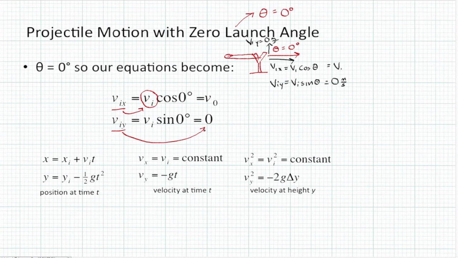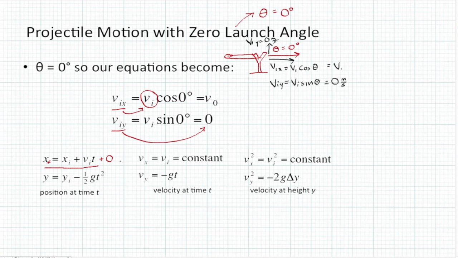So with that assumption, if we are launching something at zero angle, here's what our equations become. You can think of that as x final is x initial plus initial velocity times time. But there's no acceleration, plus 0, or you might say plus 1/2 a t squared.